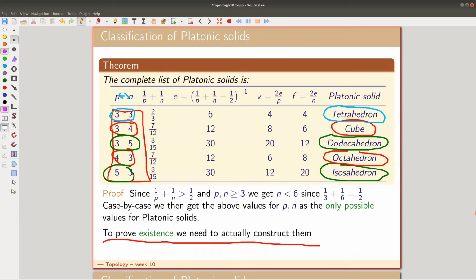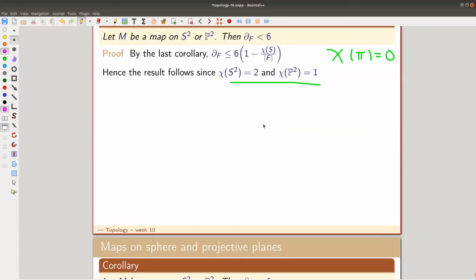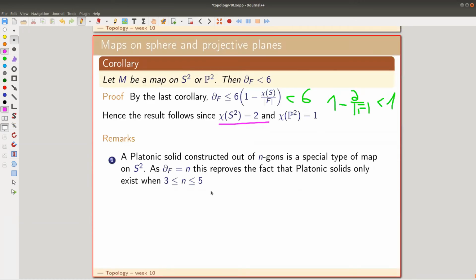So here, n is always smaller than 6. And that's exactly what we are seeing down here, somewhere. Here we go, in more generality. So this was a generalization of a statement that we had for platonic solids. And of course, because it's a generalization, actually we proved it. So we found a more general way to prove exactly the same statement, but now for all maps on either of those two.